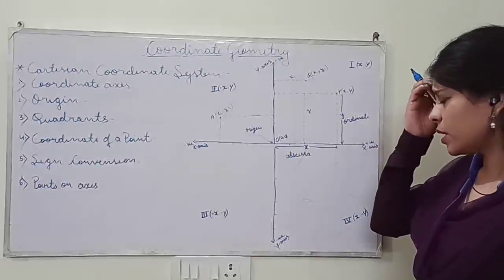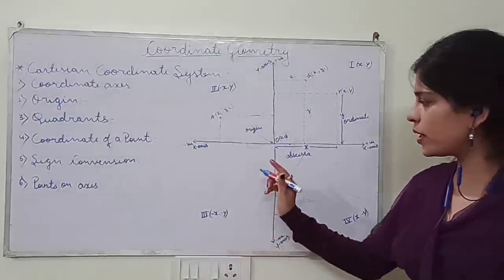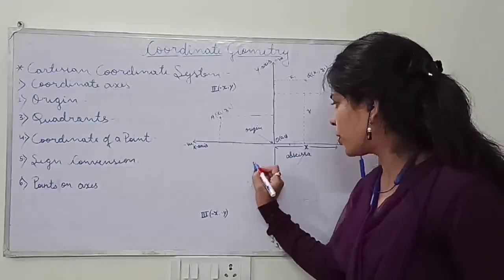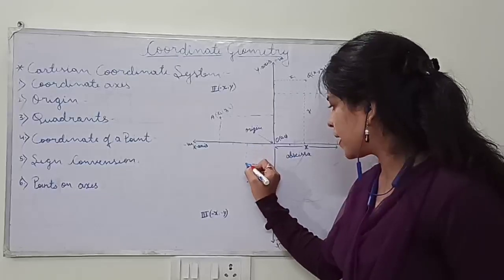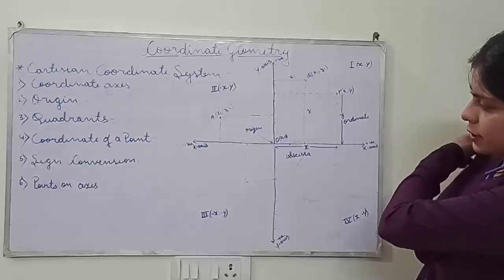Understood? Now let's come to the third quadrant. In the third quadrant, suppose we have some point. This is the point. So let's get its location from the x-axis and y-axis.